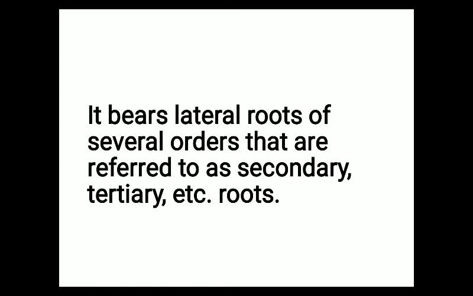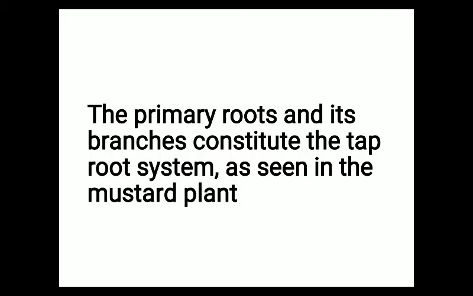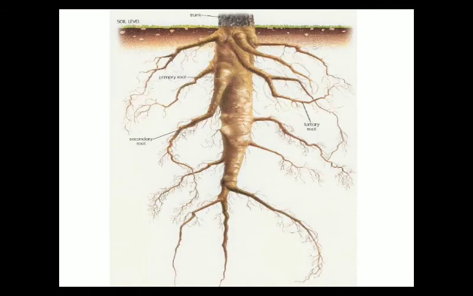So here it is written, it bears lateral roots of several orders that are referred to as secondary and tertiary roots. The primary roots and its branches constitute the tap root system as seen in the mustard plant. So in the mustard plant we can easily observe the tap root system. What is the meaning of tap root system?